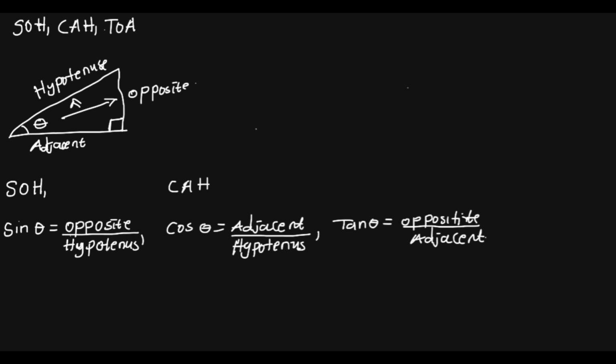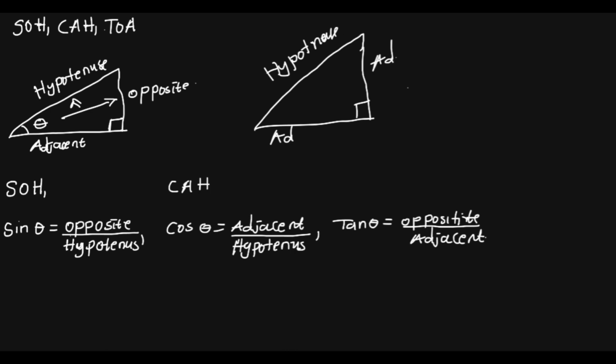So let's say we have this right angled triangle. If we are using the Pythagorean theorem, this is our hypotenuse, and these are the other two sides. Under Pythagoras, we don't have distances like opposite.